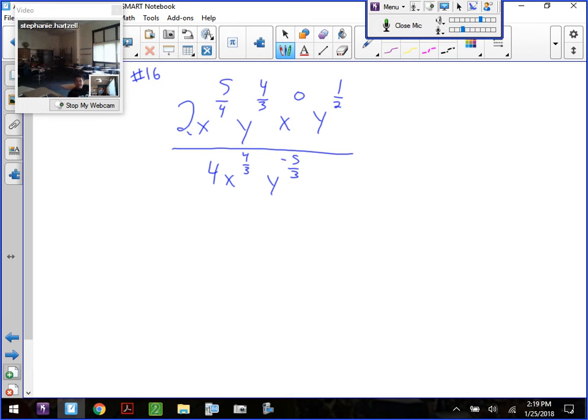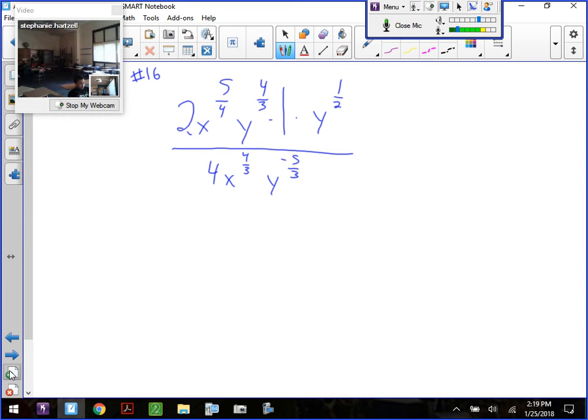So what is anything to the 0 power? 1. That means this value here, x to the 0, just becomes times a 1, so I don't have to worry about it at all. Now, the next thing I would do is notice you have a negative exponent in the denominator.